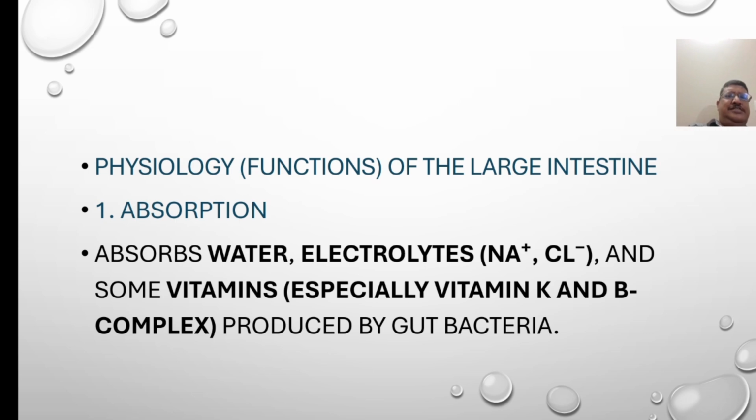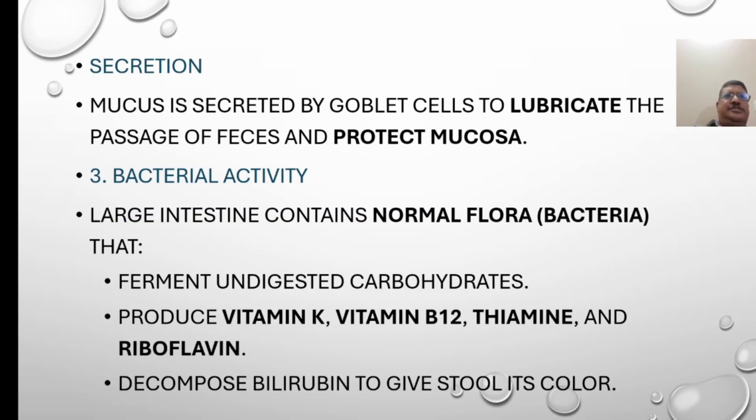Physiology of the large intestine. Absorption: absorbs water, electrolytes, and some vitamins, especially vitamin K and B complex, produced by gut bacteria. Secretions: mucus is secreted by goblet cells to lubricate the passage of feces and protect the mucosa.